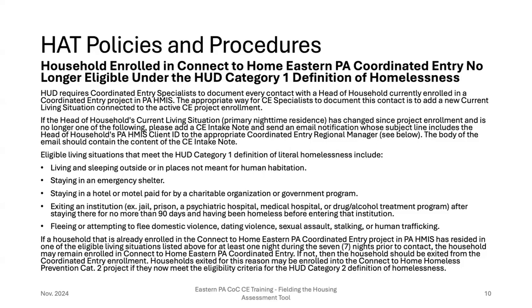If they no longer meet one of those eligible Category 1 criteria, then they need to be exited from the Category 1 project enrollment. Again, this is not new. This has always been our practice.